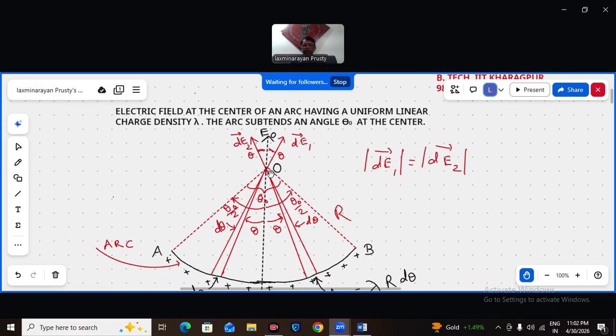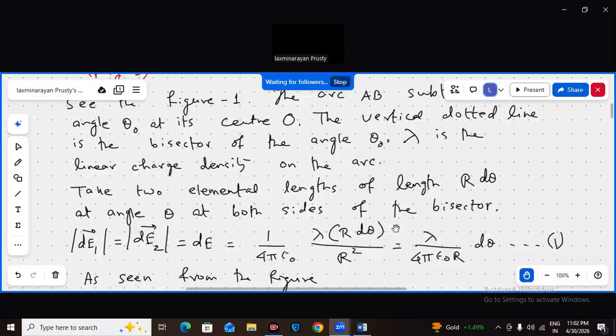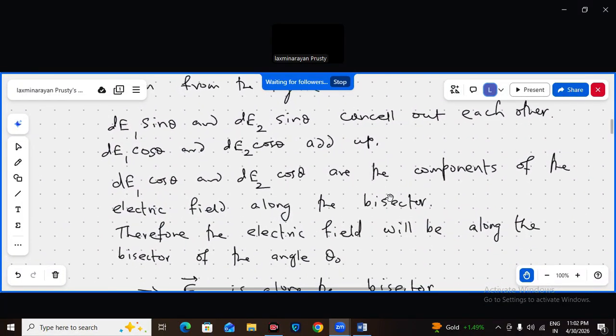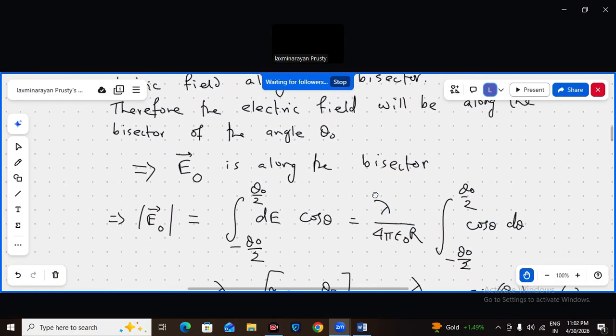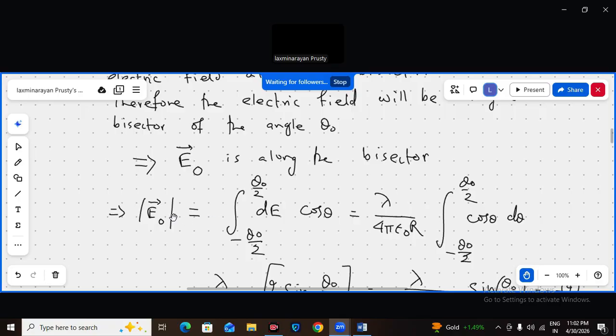So the total field along the bisector will be the addition of this dE cos theta, that means the integration of dE cos theta. That's what I wrote here.